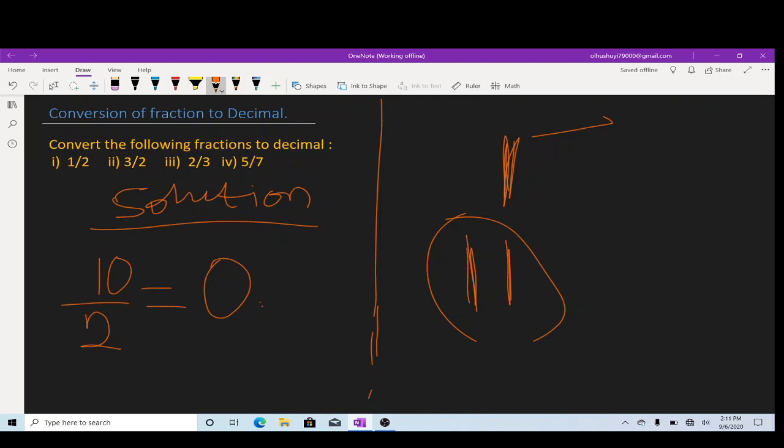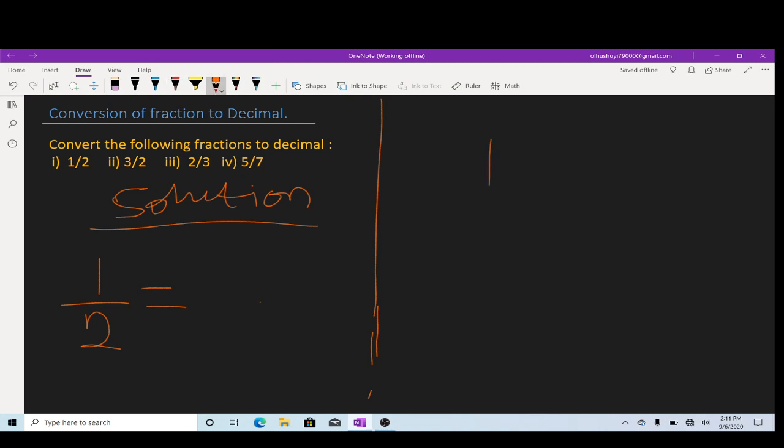Do you get that? Okay, let me come again. You have 1 at the numerator, and you have to divide by 2. This sign here means division.